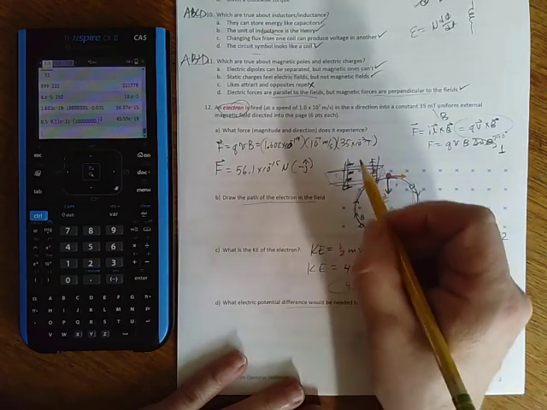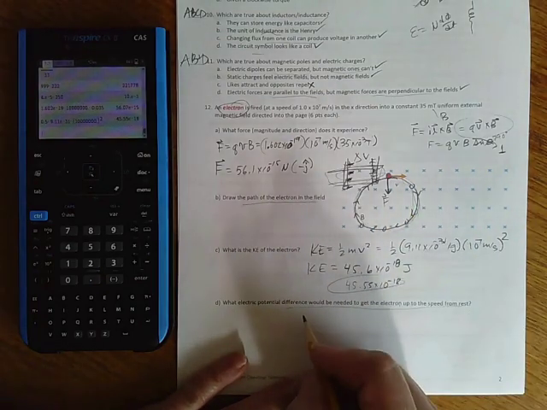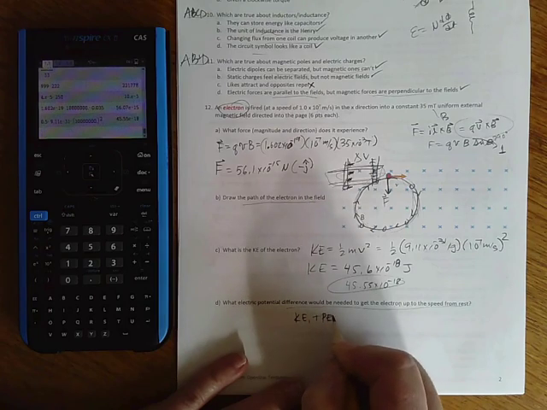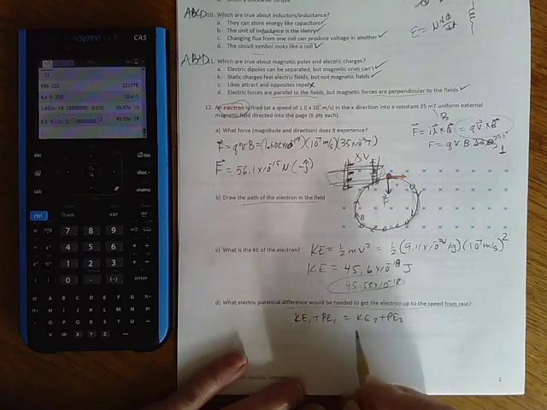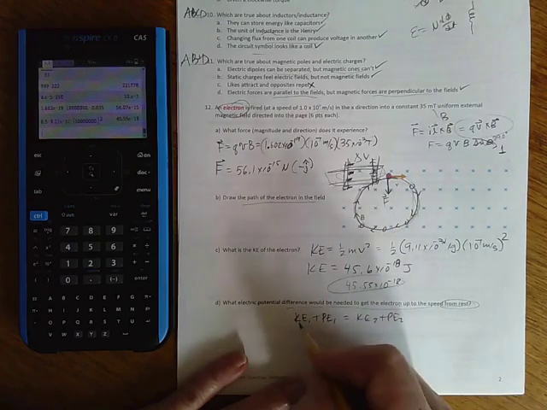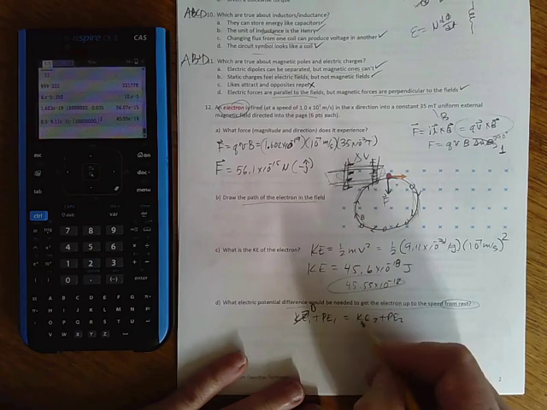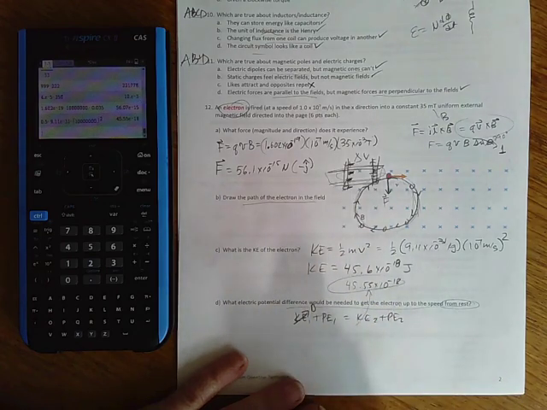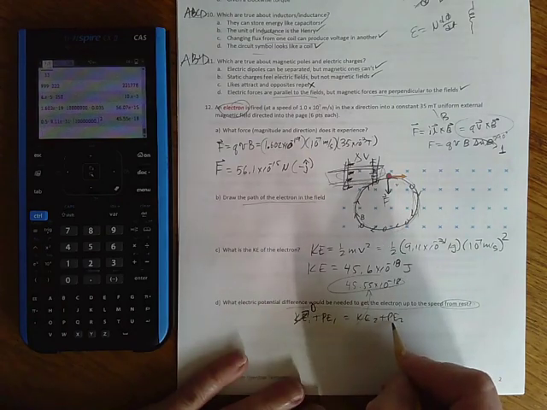But basically, we're going to have some potential difference used to fire the electron out. So we've got kinetic energy 1 plus potential energy 1 equals kinetic energy 2 plus potential energy 2. It says starting from rest, so kinetic energy 1 is 0, and the ending is what we just got here.